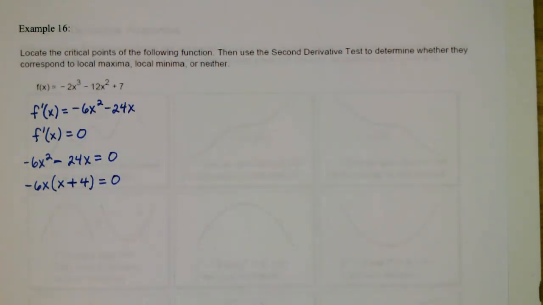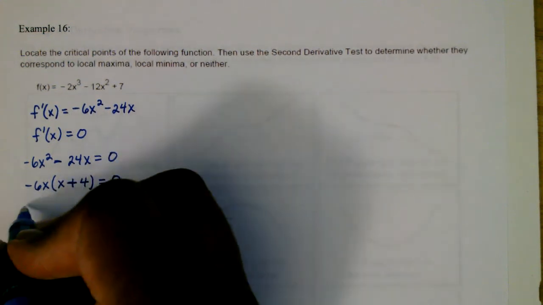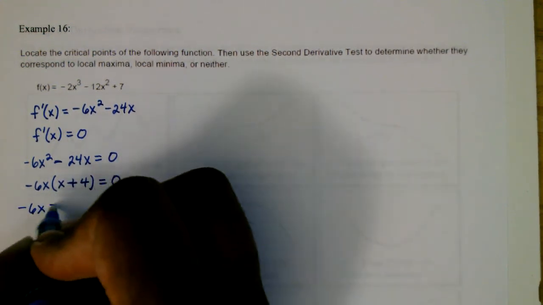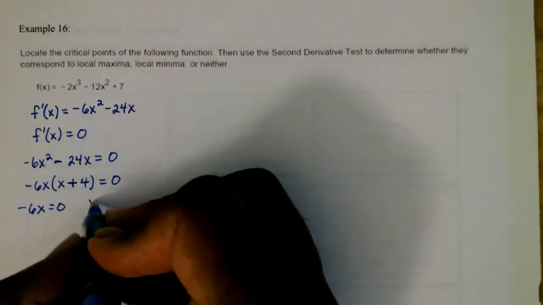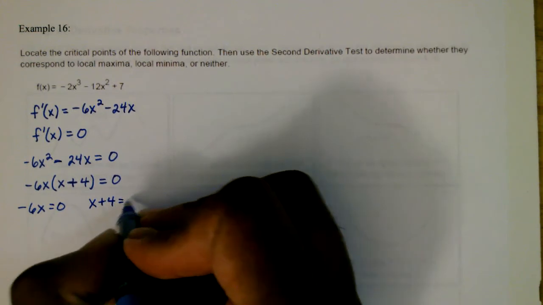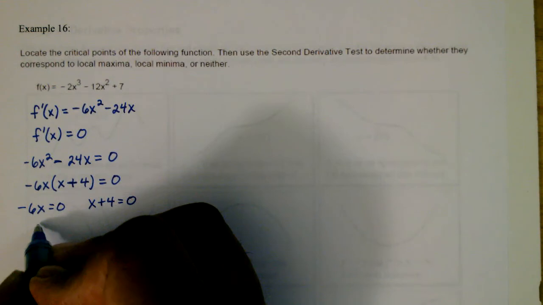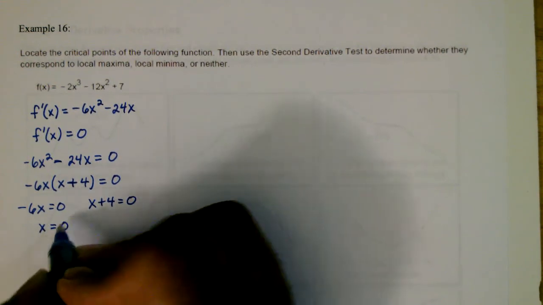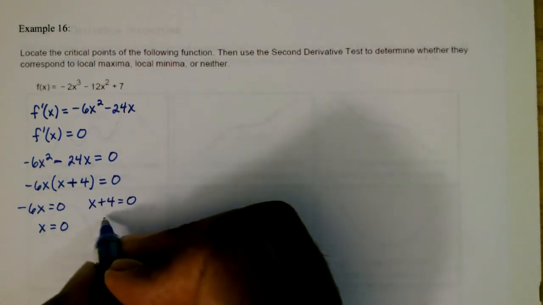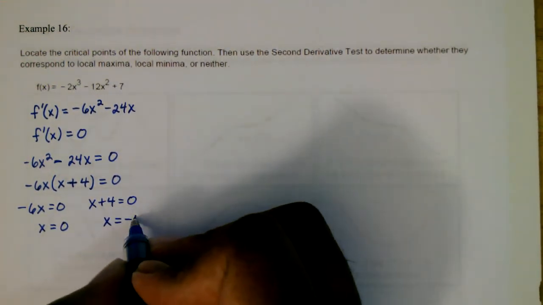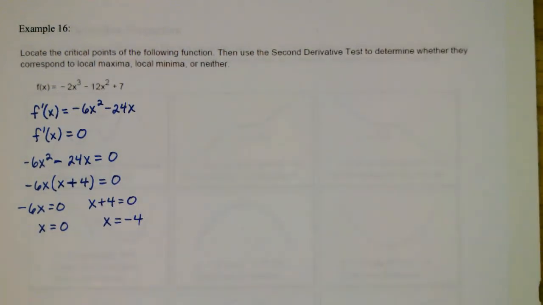And then we set each factor equal to 0. So that means negative 6x equals 0 and x plus 4 is equal to 0. And then we solve for x for each equation. So for negative 6x equals 0 means x is equal to 0. For x plus 4 equal to 0, that means x is equal to negative 4.